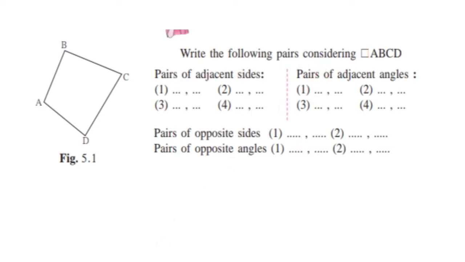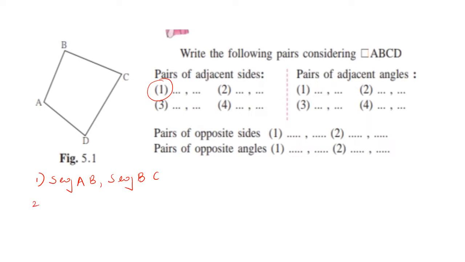Let's write down the same thing here. Pairs of adjacent sides: it would be segment AB and segment BC.